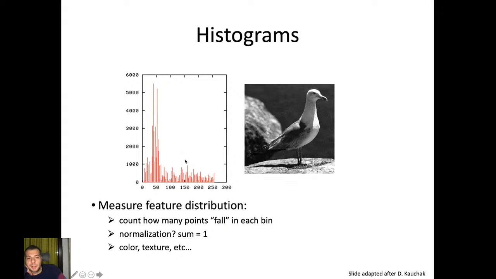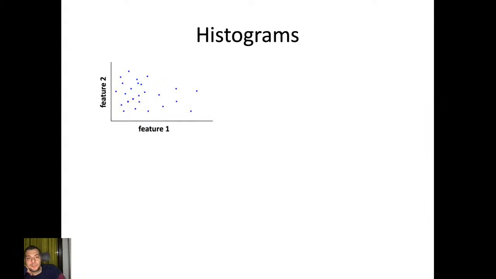From this image, we can build a histogram by counting all the pixels that have a certain intensity level. So we obtain a histogram that looks something like this. So we have a vector with 255 components that can be used to represent an image.